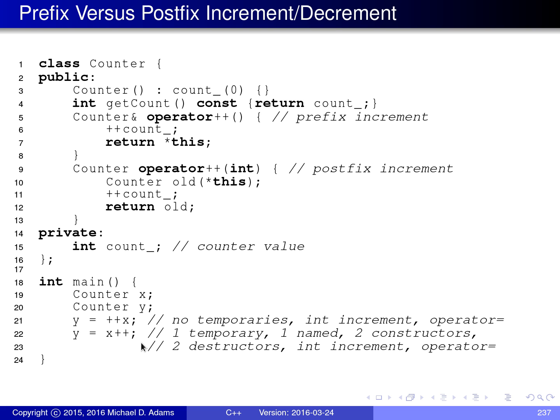So in total, executing this line of code, we have to create one temporary object, which is caused by the fact we're returning by value. We have one named object due to the fact we have to save the old value so that we can return it from this function. Each of these, the temporary object and the named object, needs to be constructed and destroyed. So we have two constructor calls, two destructor calls, and then an integer increment operation plus the assignment operation.